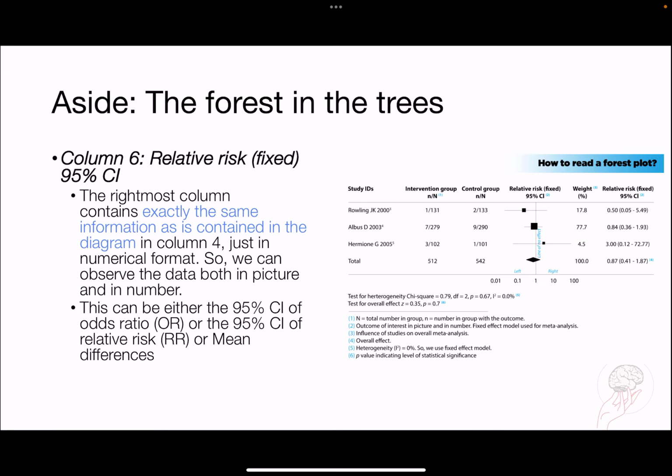And then finally, we have column 6, and this is the relative risk. This number is where this little box is. So this one's at 0.5, this one's at 0.8, right here, and this one's at about 3, right here. And then the overall relative risk is around 0.8.